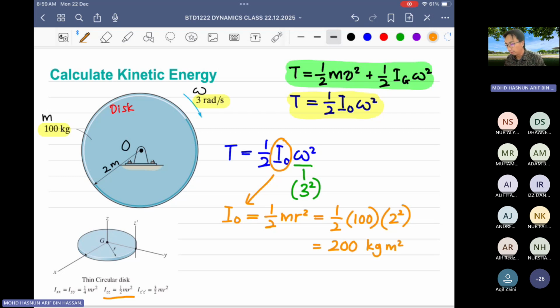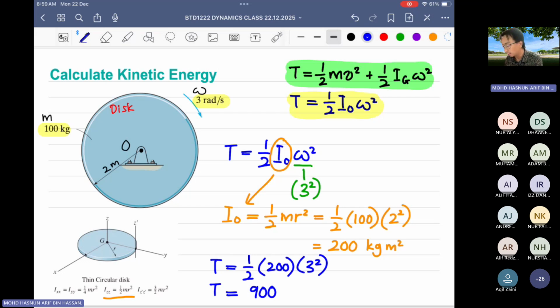Now we have the Io, and also we have the omega. So we can then proceed to calculate T, which is 1 over 2 times Io 200 times omega square, which is 3 square. Therefore, we will have the value of 900. So T is equal to 900.